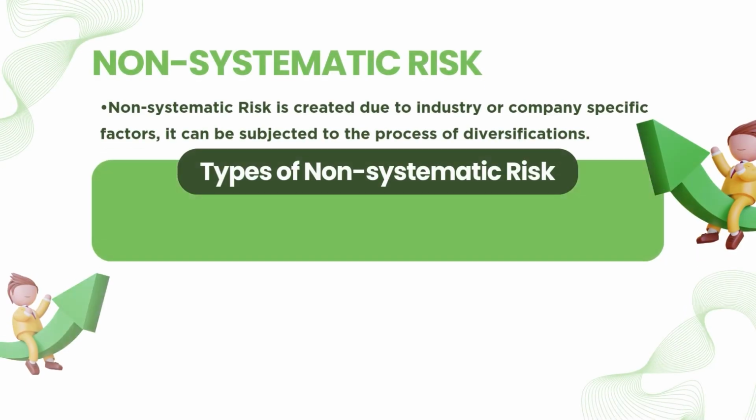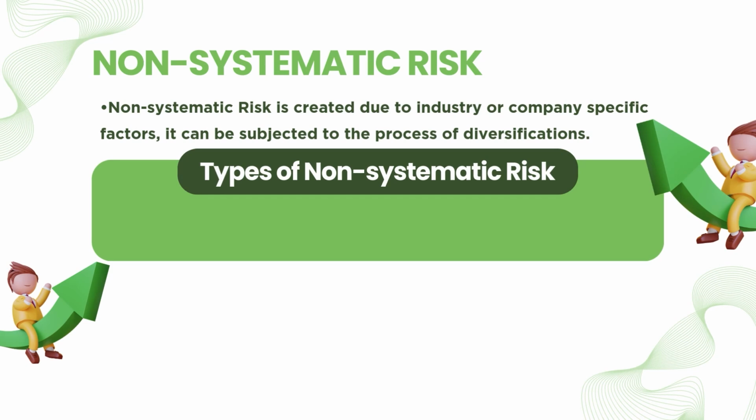Now we proceed further with non-systematic risk. As explained earlier, non-systematic risk is the one which is due to non-systematic factors. That means factors related to one particular industry or one particular company. Now, sometimes a government might come out with an announcement putting a restriction on a particular industry.